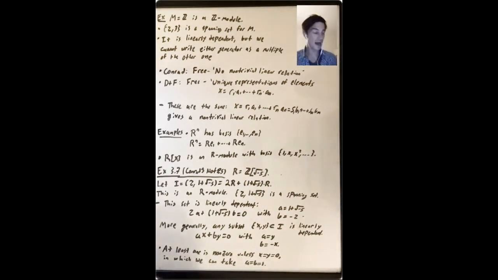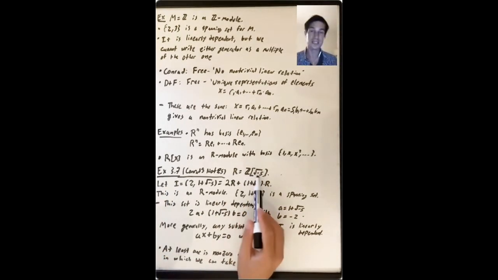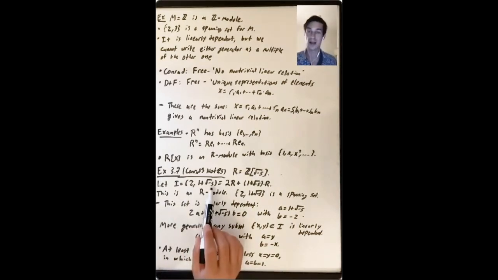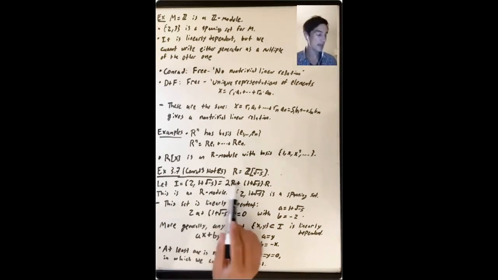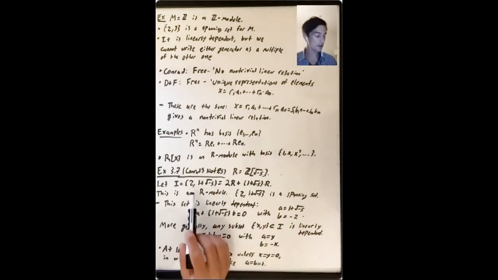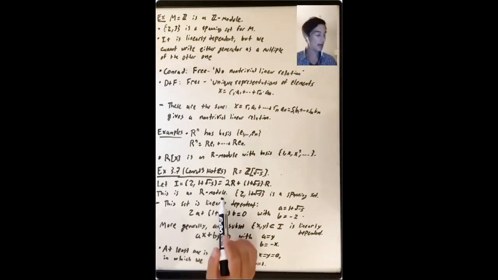So the example I want to highlight is example 3.7 in Conrad's notes, where R is equal to Z adjoin square root of -5, and I is the ideal generated by 2 and 1 plus square root of -5. So what is that? It's everything of the form 2 times something in R plus 1 plus square root of -5 times something in R. This is an R module. It's an ideal.